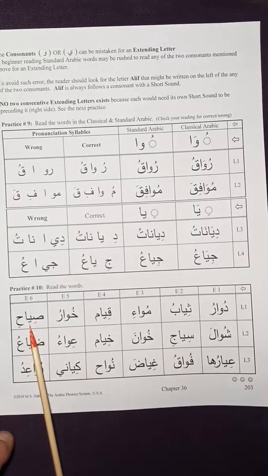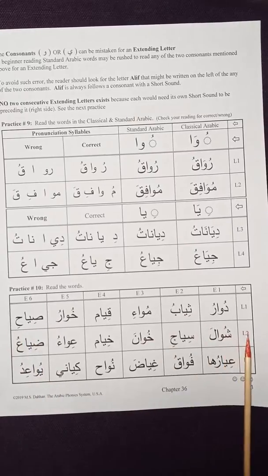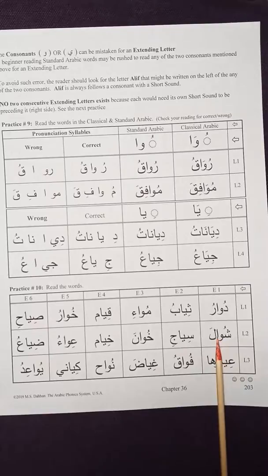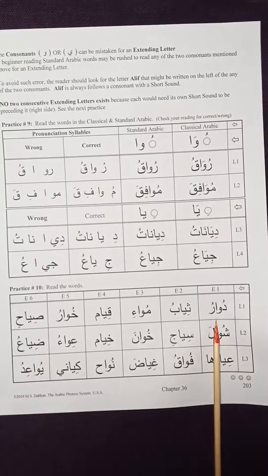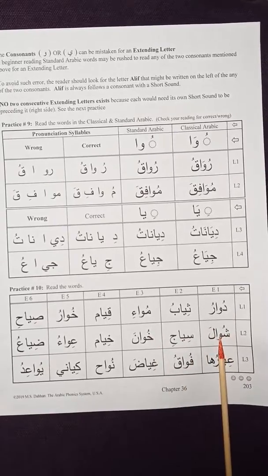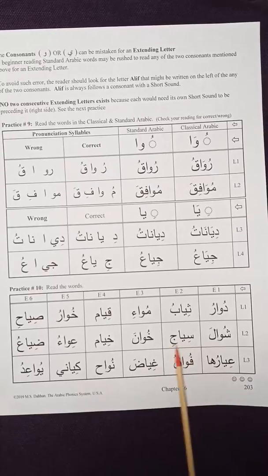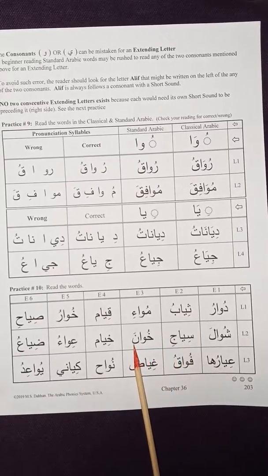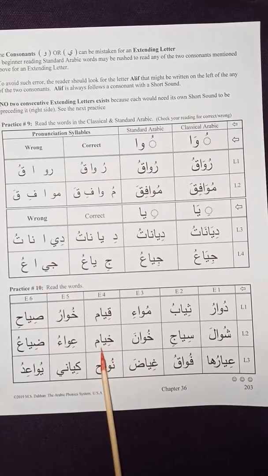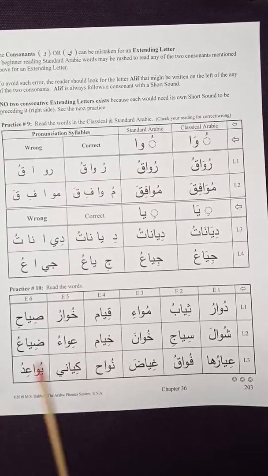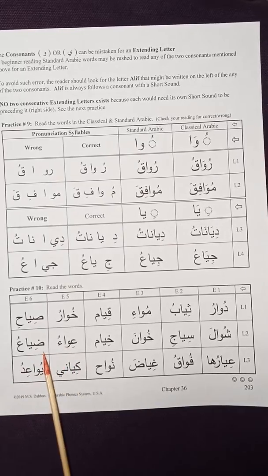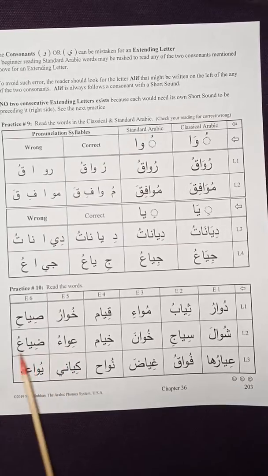Si, ya, hi. Here. Shu, wa, lu. There's an alif right there, so we cannot say shu. It's shu, wa. Si, ya, ji. Hu, wa, na. Khi, yam has sukun. I, wa, u. Di, ya, u.